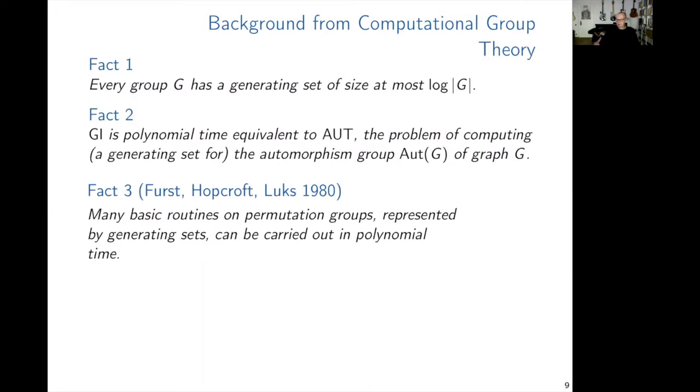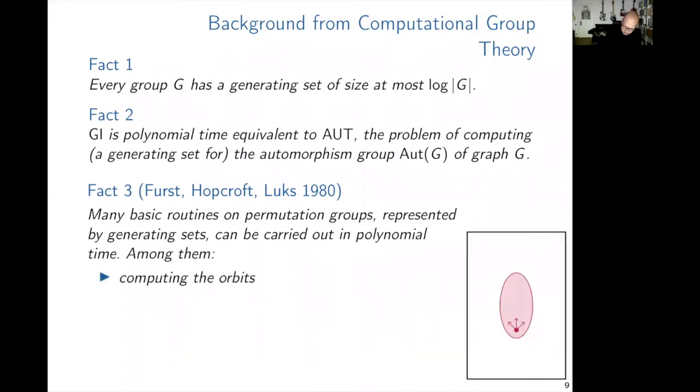And of course, we want to have an output, which is a generating set again, at least if the output is supposed to be a group. And we must make sure that it doesn't get too large, but that's something we can usually do. We can always make generating sets smaller in a way. Okay, so what are these facts?